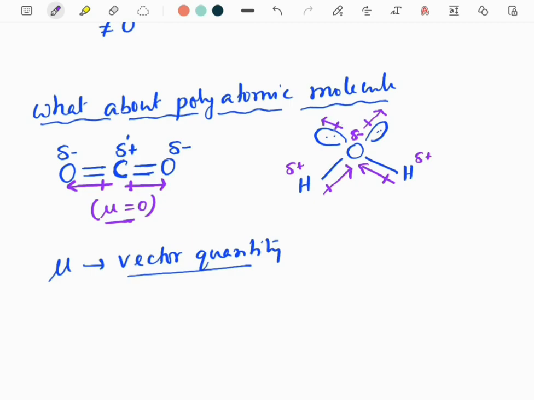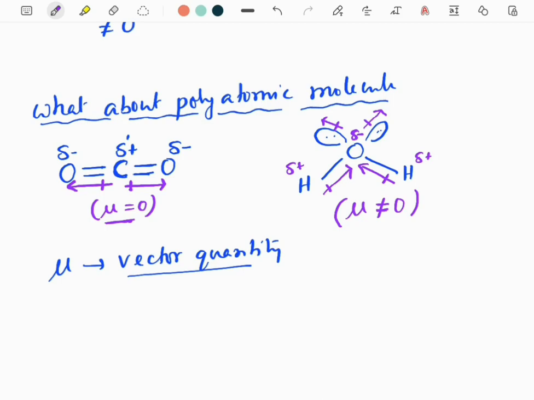So the resultant of all the bond moments will be a non-zero number. In these types of molecules where the vector addition of the bond moments is non-zero, we'll have an appreciable dipole moment.